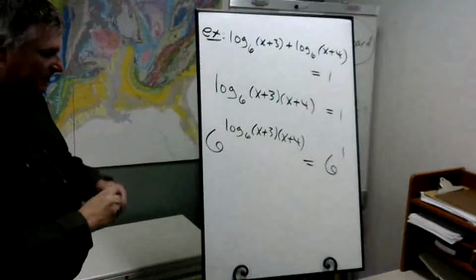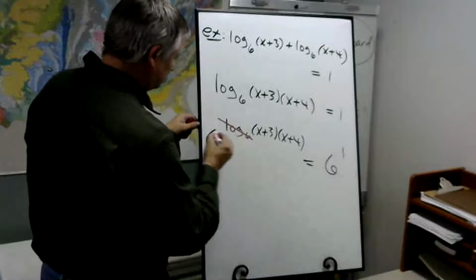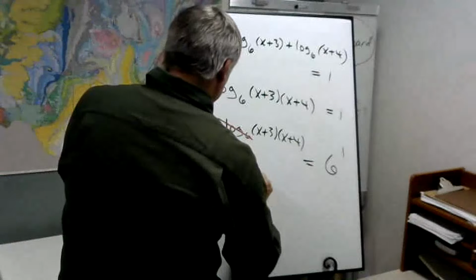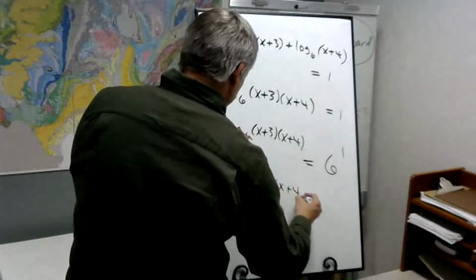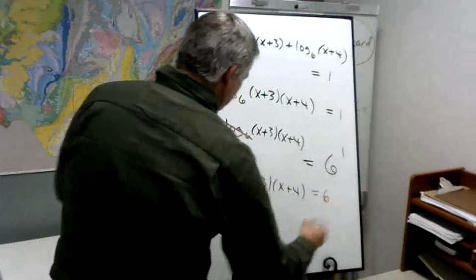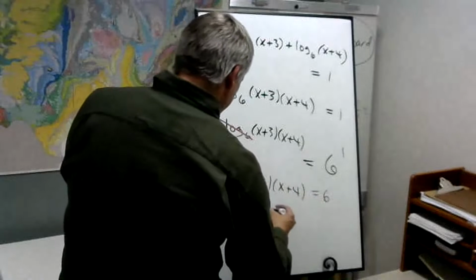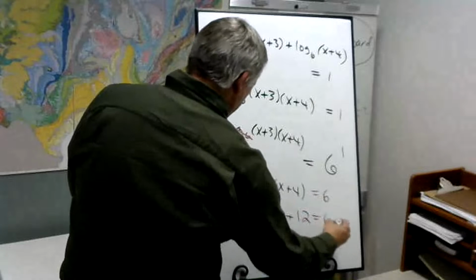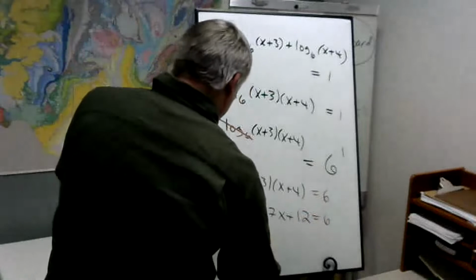So now we get cancellation. If we FOIL this, subtract 6 from both sides.